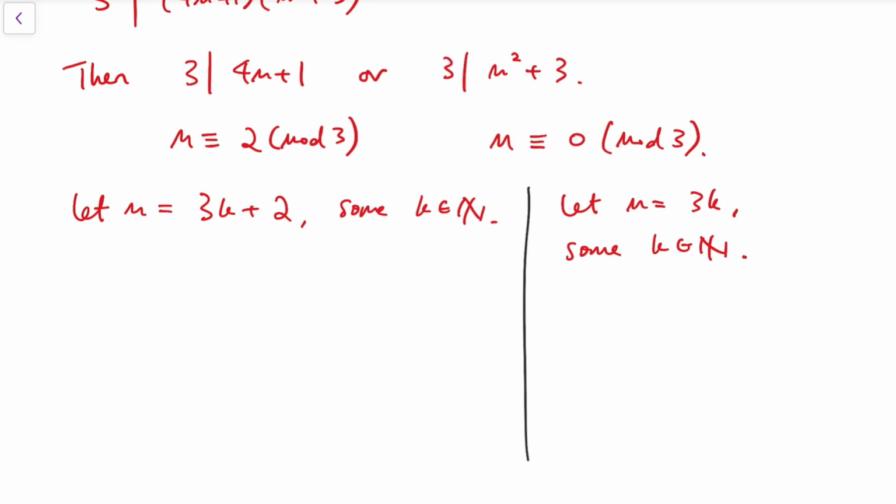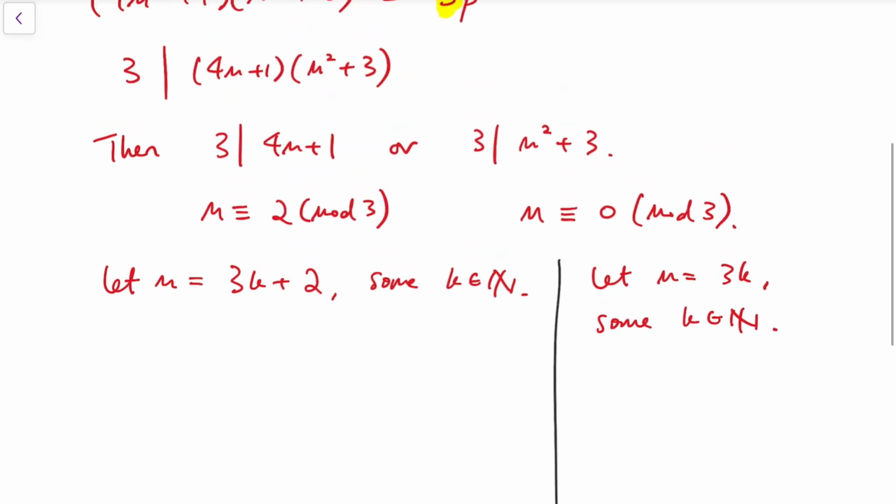And for each case, I can replace m by either 3k or 3k plus 2, and try to simplify the equation so that the product on the left is equal to the perfect power of a prime number. For the first case, let's try m equals 3k plus 2.